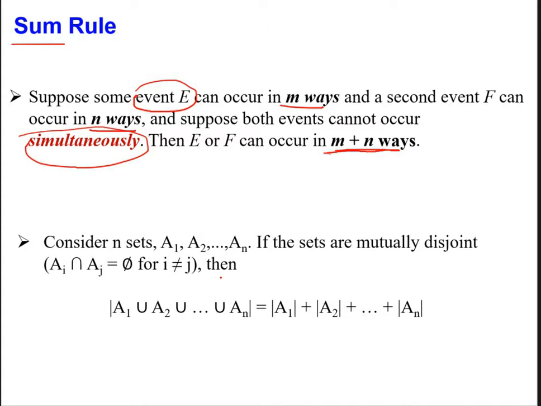In more technical terms, in terms of sets, if the sets are mutually disjoint, which means their intersection is an empty set, with no overlapping elements, then the cardinality, the possible combinations, is just the sum of the cardinalities of the sets.